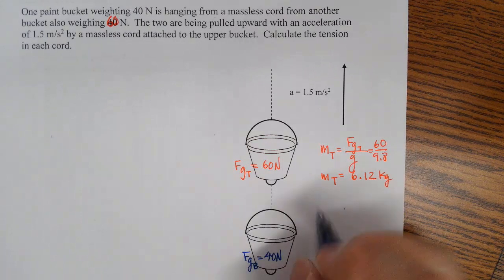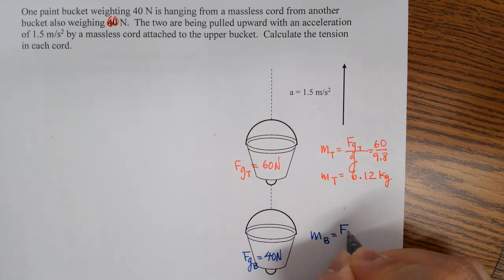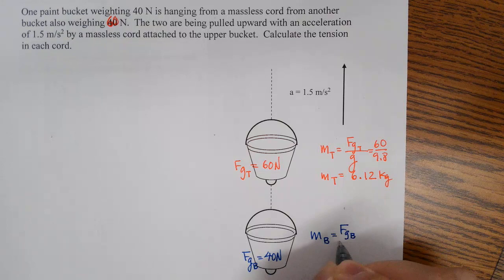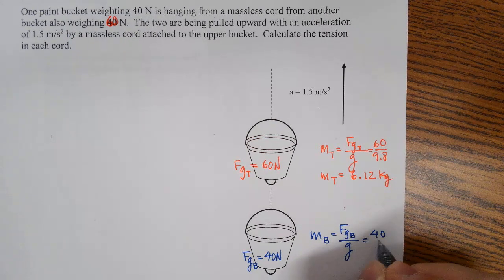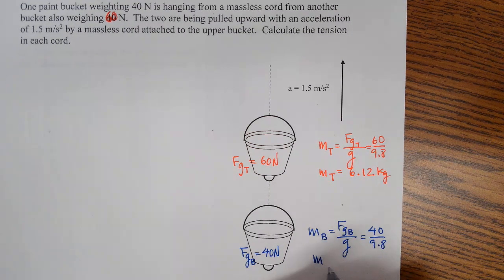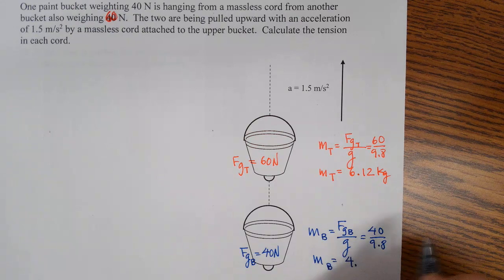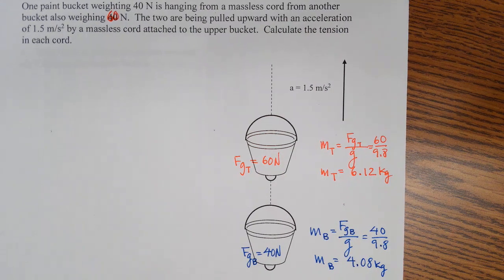And similarly, the mass of the bottom bucket is equal to Fg bottom divided by g, which is 40 newtons divided by 9.8 meters per second squared. The mass of the bottom bucket comes out to 4.08 kilograms. Yeah, that word bottom sounds very naughty.